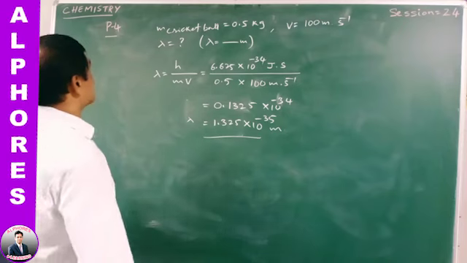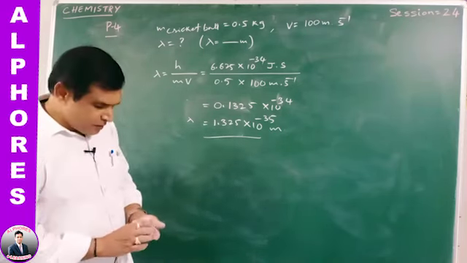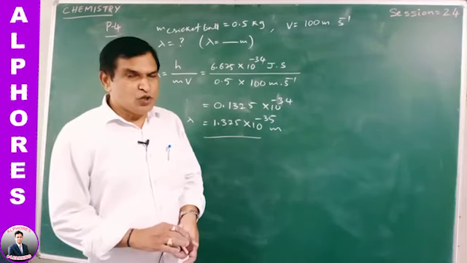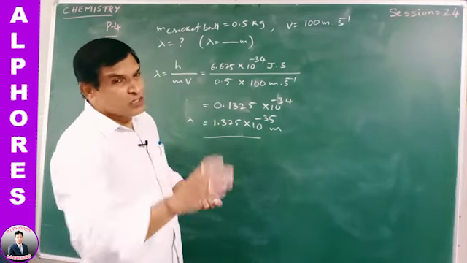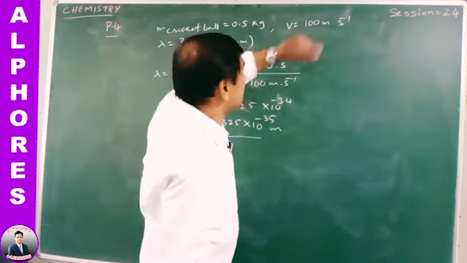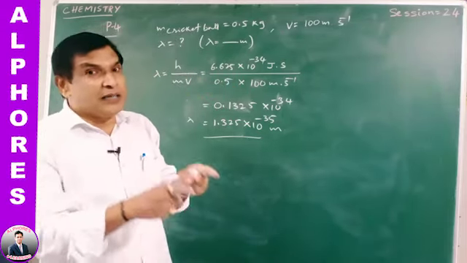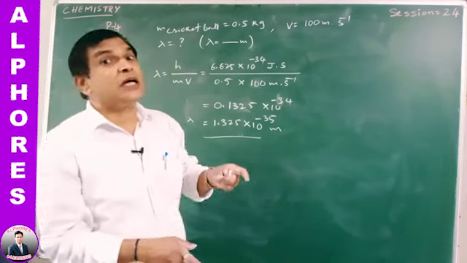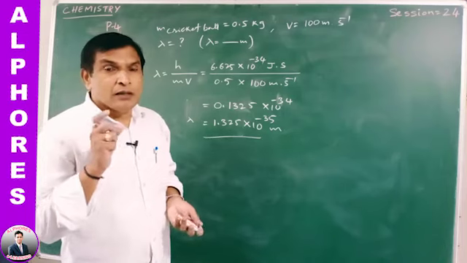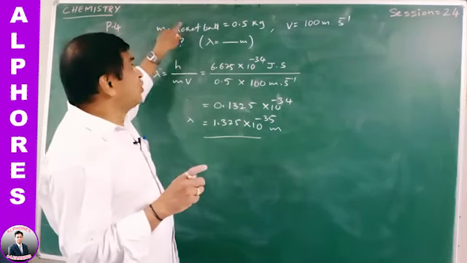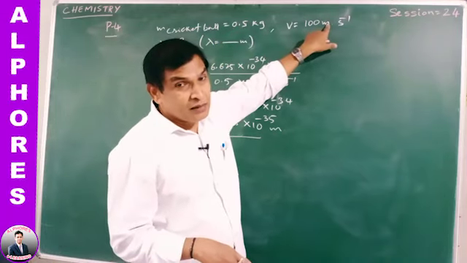This is problem number 4. Once again, what is the problem? The mass of a cricket ball is 0.5 kg, moving with velocity 100 meters per second.